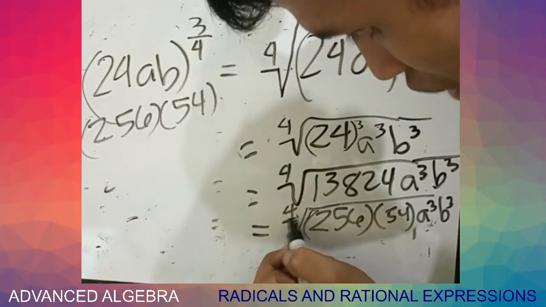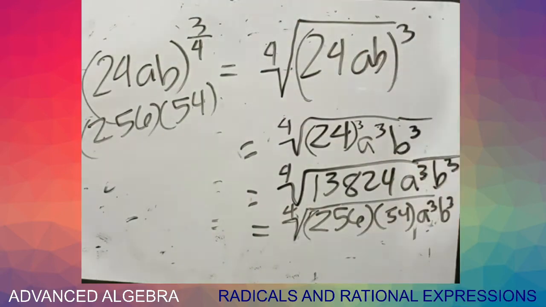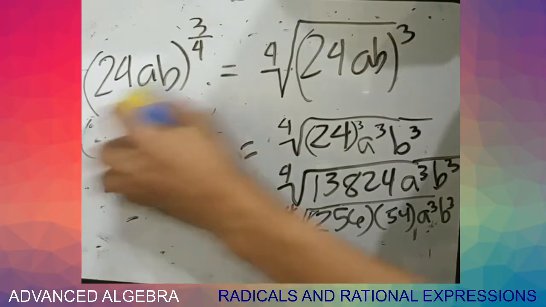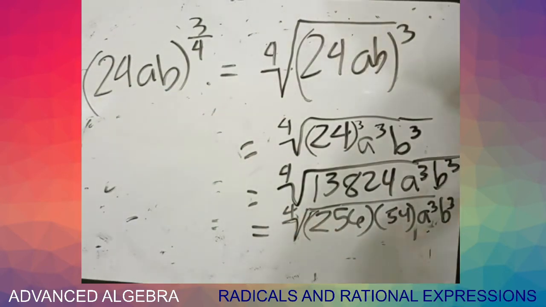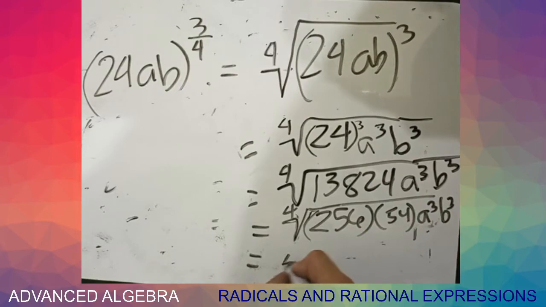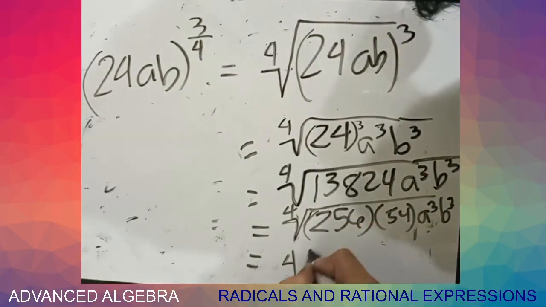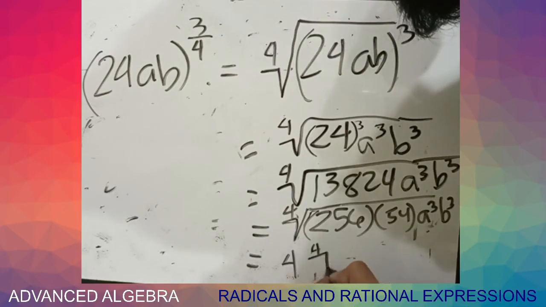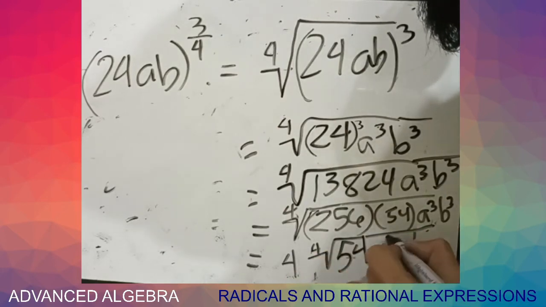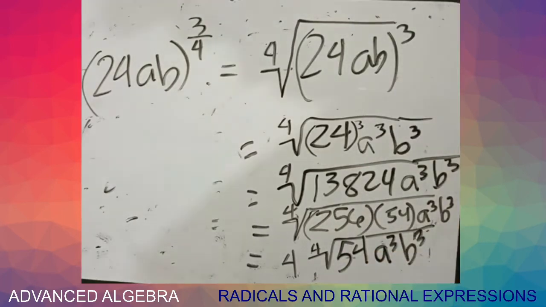Okay? Then, tuloy natin to. Hindi kasi kasya sa baba. So, ang fourth root ng 256 ay 4. Tapos, may matitira sa loob. So, fourth root of 54 a cubed.